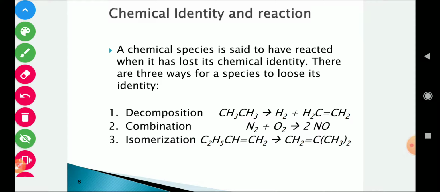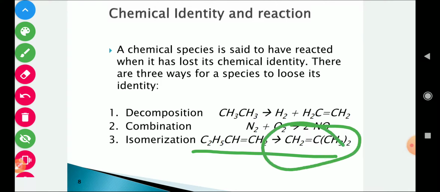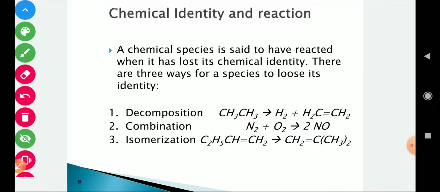In an isomerization reaction, there is just restructuring of the compound, like in this example, the double bond is shifted from this position to this position. So these are some of the examples by which a chemical species loses its identity and forms product.